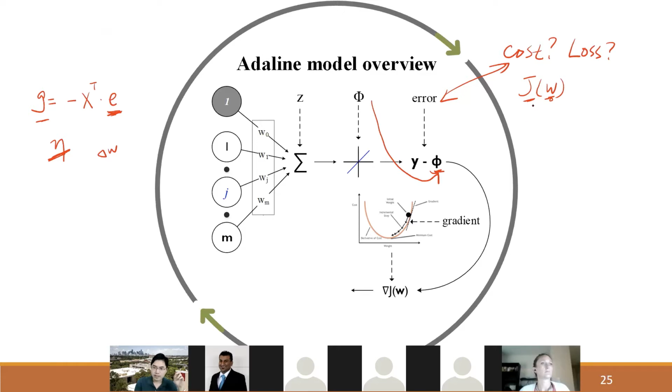So that is visualizing the cost function as related to the weight. And it's in this process that we can use the gradient to improve the weight. We know how to adjust the weight by using the gradient. So that's why we calculate the gradient. This is the gradient, right?